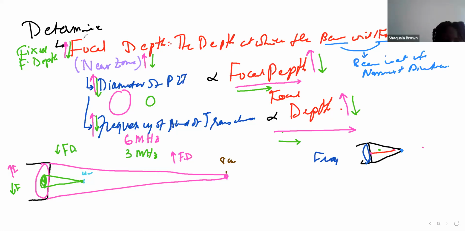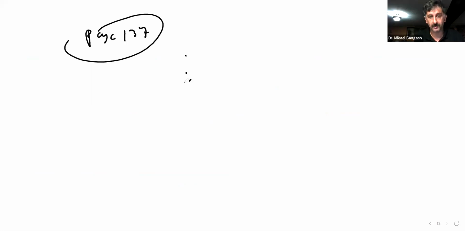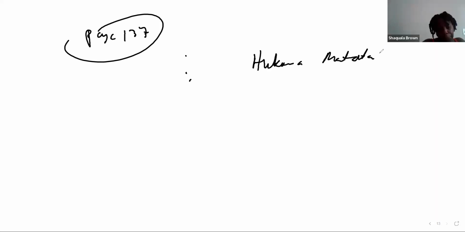No. Good. Now you may look at page 137 and you may see some equations there, right? You guys have your books? So page 137, those two horrible equations. Hakuna Matata. Don't worry about them. Mainly it's just this relationship here.